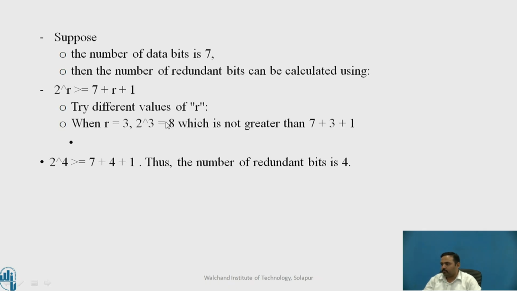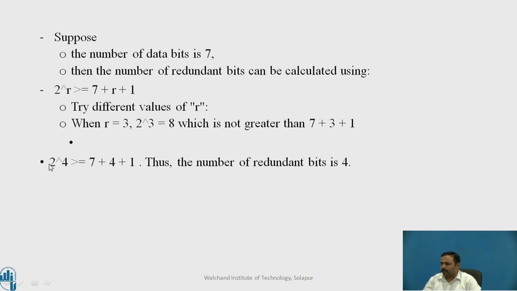Try different values. Consider r equal to 3. 2 raised to 3 is 8. 8 is greater than or equal to 7 plus 3 plus 1, which is 11. 8 is greater than or equal to 11, so this condition is false.